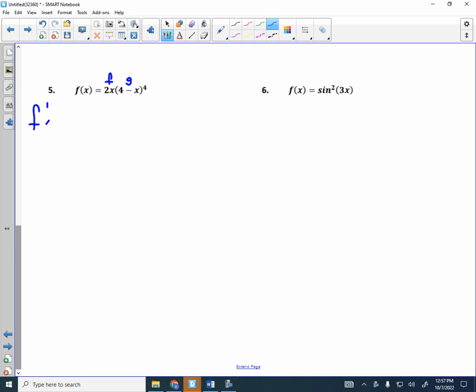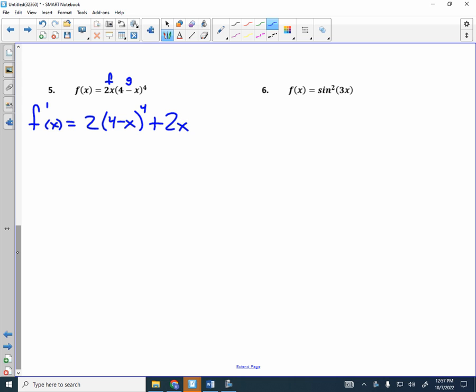So the derivative of f is equal to, what is f prime? 2 times g would be 4 minus x raised to the 4th power. That's pretty straightforward, isn't it? Then it's plus, now you leave f alone, correct? So it's 2x times, and now I need the derivative of g.